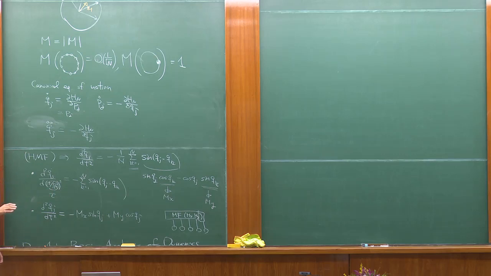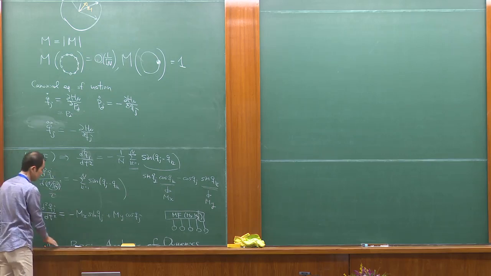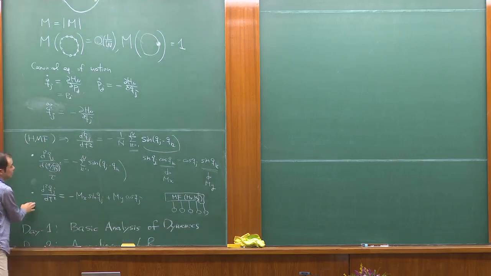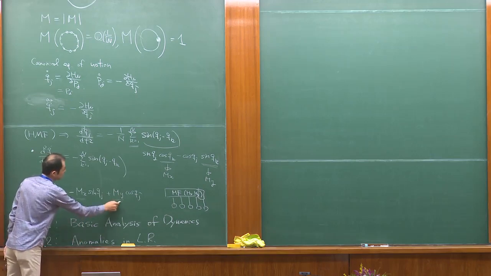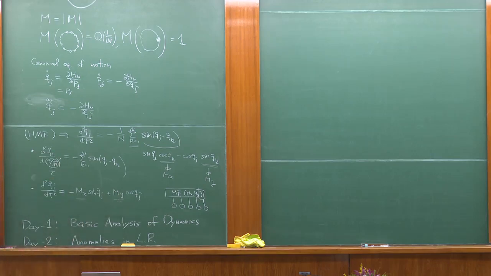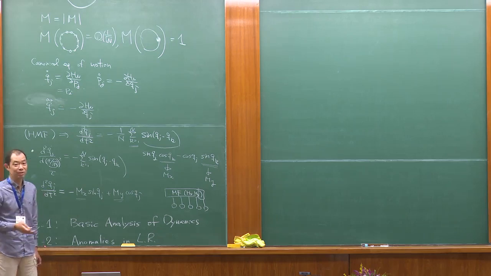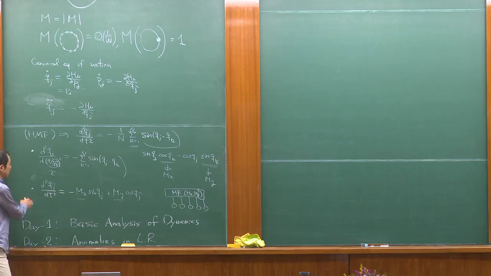So the cost of computation would be order n squared if we use this expression. But with this expression, first we compute the order parameter with the cost of order n, and then this order parameter can be used for n particles. So the cost is order n. Order n and order n squared are very different, so I strongly recommend using this expression.